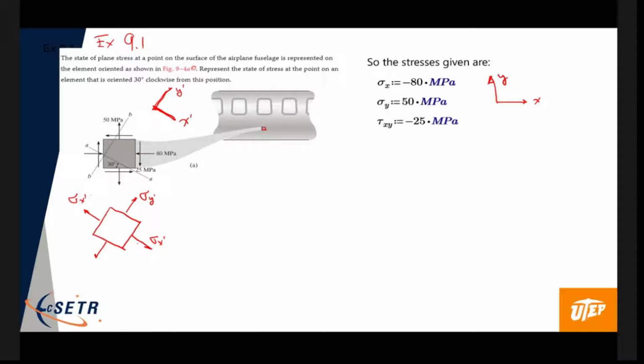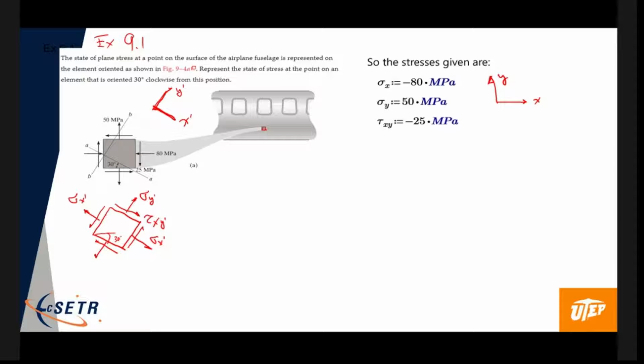And then the shear stresses, those are the tau X prime Y prime, right? And we know that the angle here is 30, right? So we're rotating by 30 degrees. It's a little tough to see, but this angle here is 30 degrees, okay?